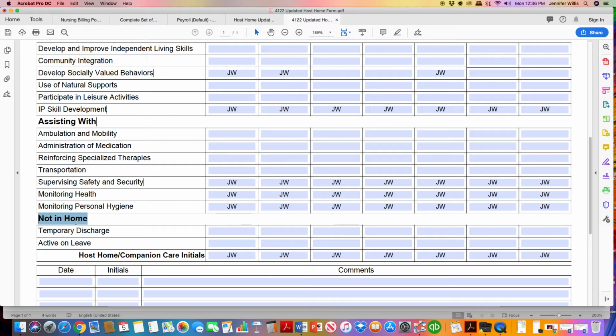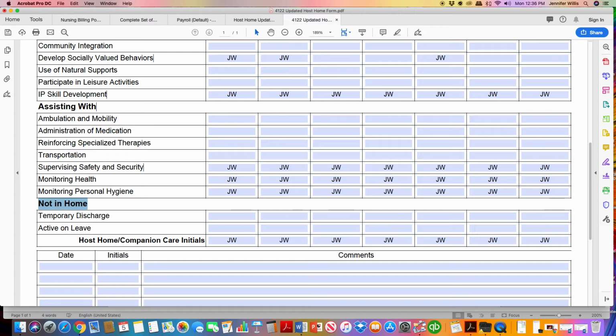Here, if we've got an individual that is not in the home, then you're going to check off and initial here on temporary discharge. This simply means that an individual is probably in one or two places. The individual has been hospitalized, or the individual is currently incarcerated.